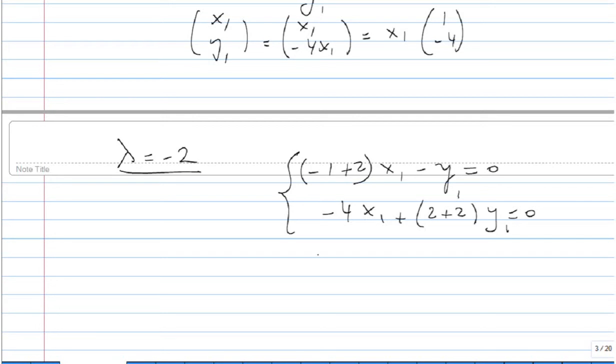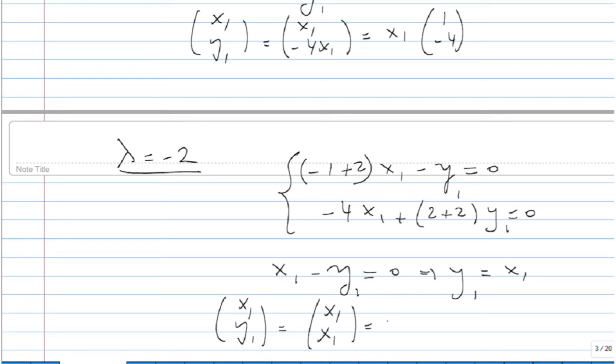So the first equation is x1 minus y1 equals 0. The second equation is minus 4 x1 plus 4 y1. In other words, the second equation is minus 4 times the first one. So the two equations are the same, which means y1 equals x1.